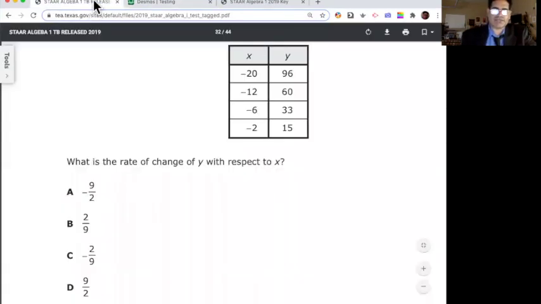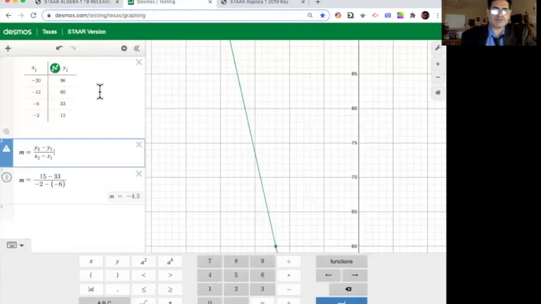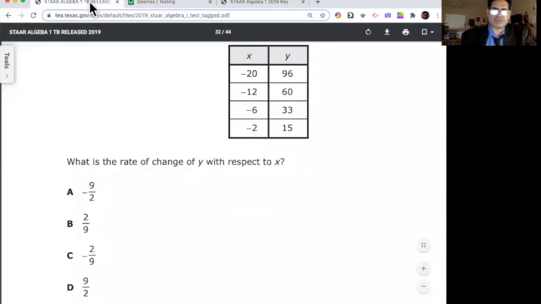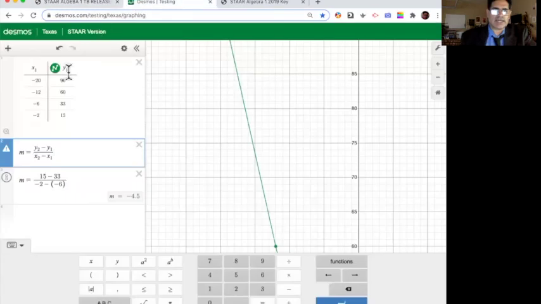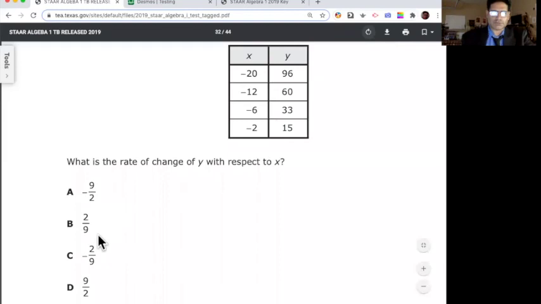We might be able to find that here. We might have done something wrong because I'm not seeing it. What is the change in Y over the change in X? Let me look at them once again. I don't see those numbers.